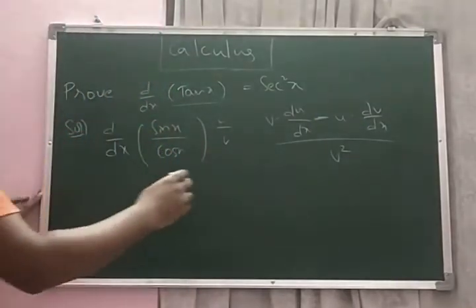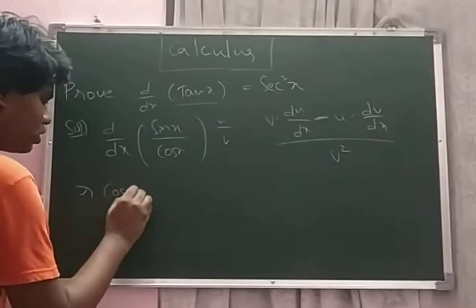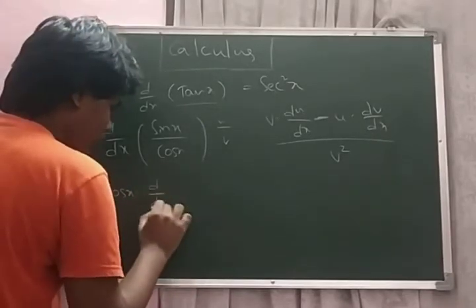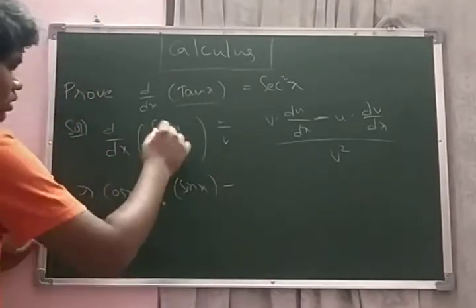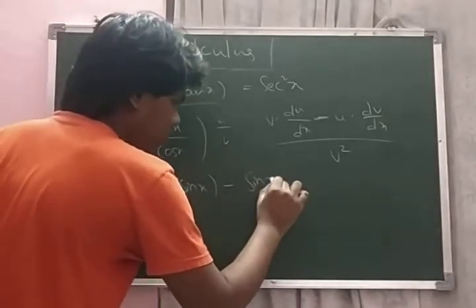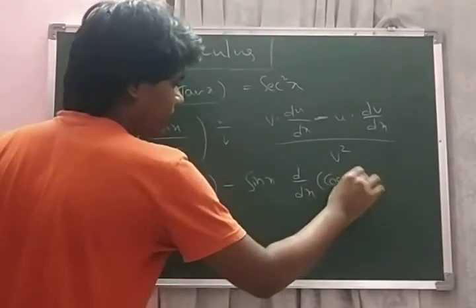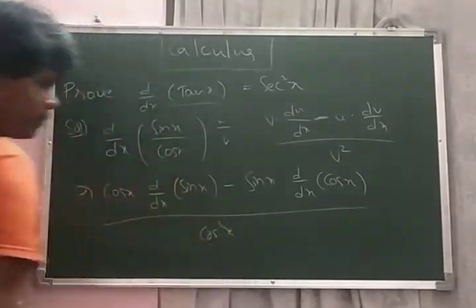So now v means cos x. Cos x into d by dx of sin x minus u into, that is sin x into d by dx of cos x, whole divided by cos square x.